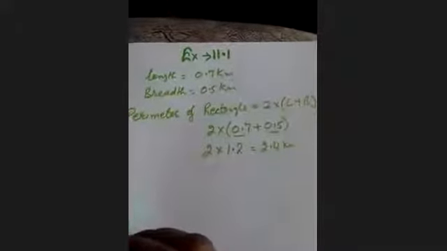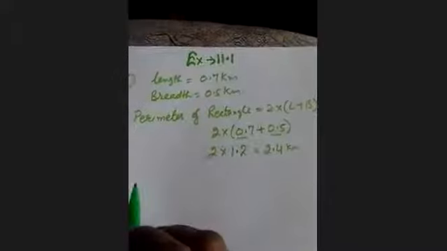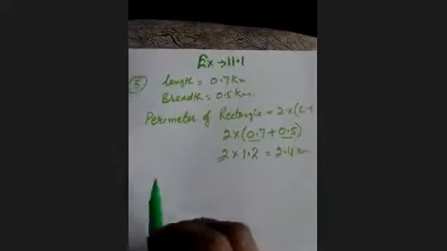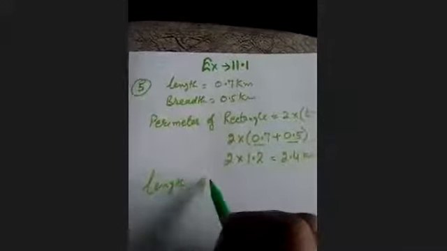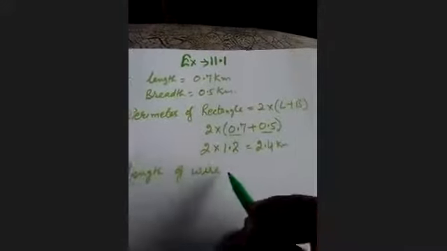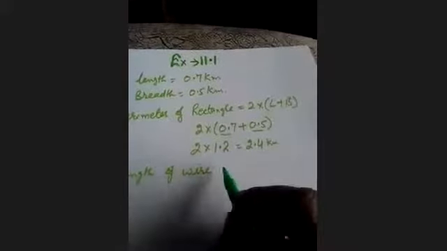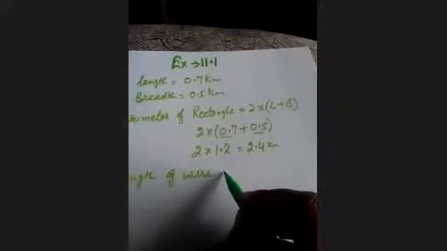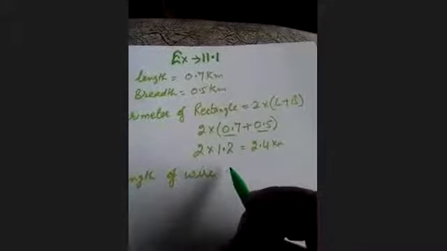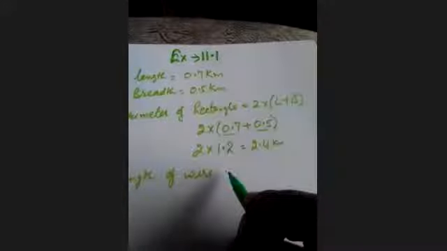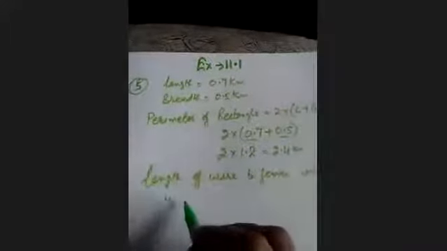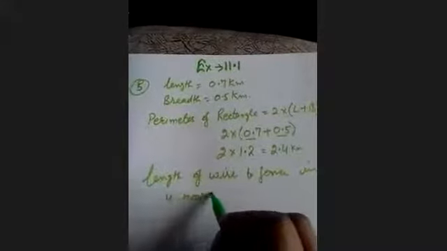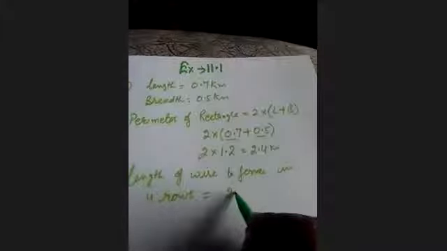Now, the length of wire required to fence in 4 rounds, 4 rows, is 2.4 multiplied by 4.